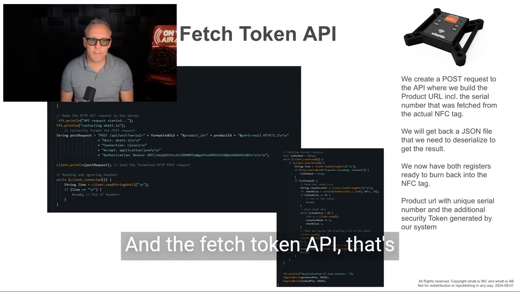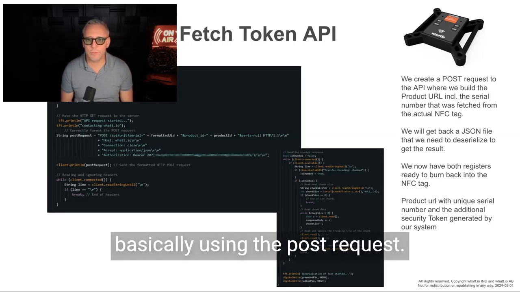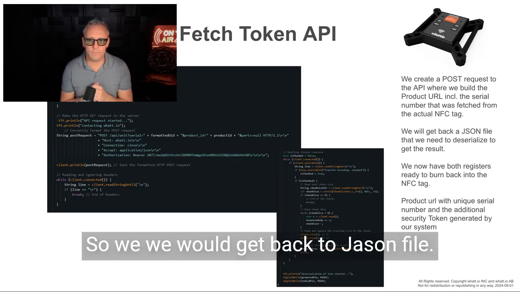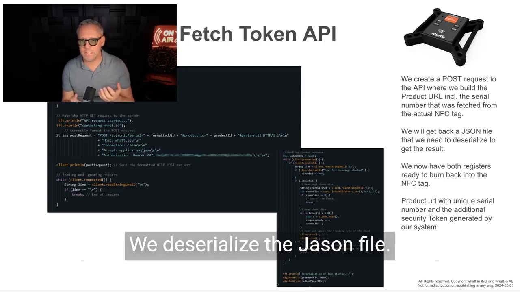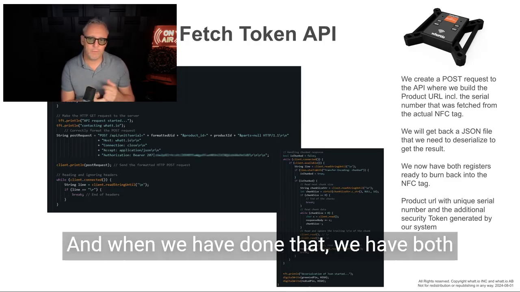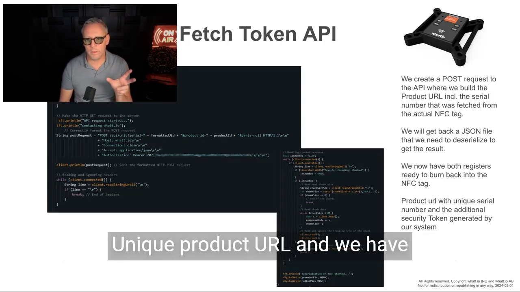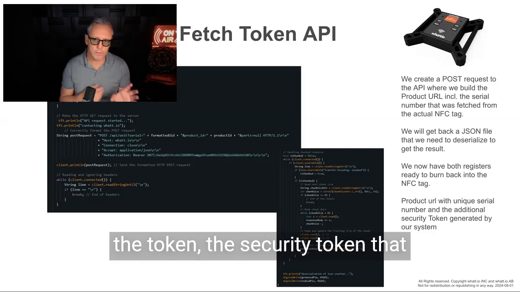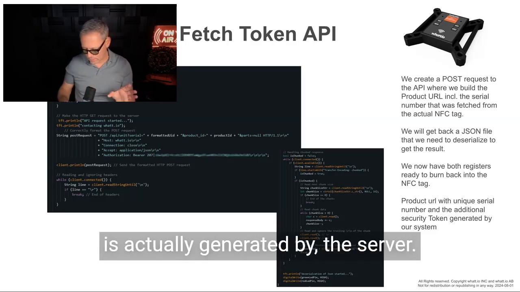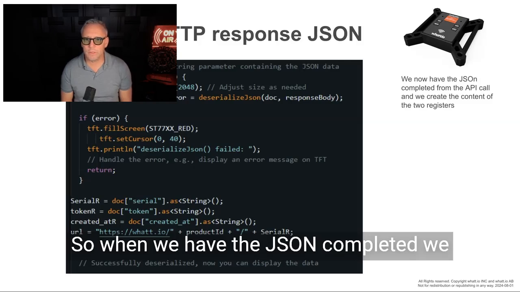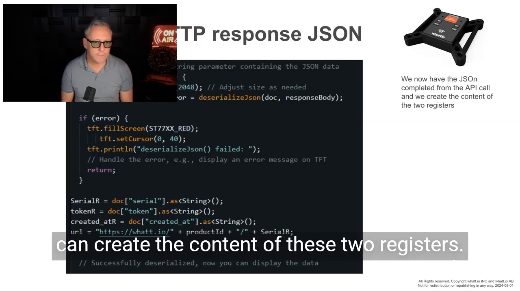Yeah, and the fetch token API is basically using the post request. So we will get back the JSON file, we deserialize it, and when we have done that, we have both the registers we need: the full-fledged unique product URL, and the security token that is actually generated by the server. So when we have the JSON completed, we can create the content of these two registers.